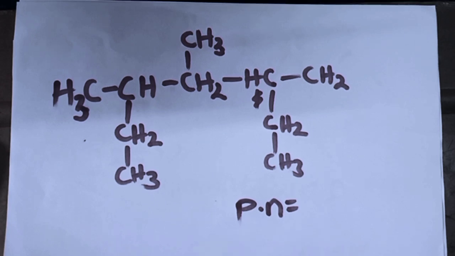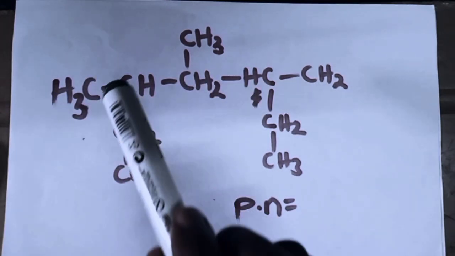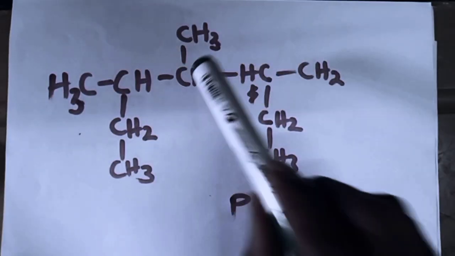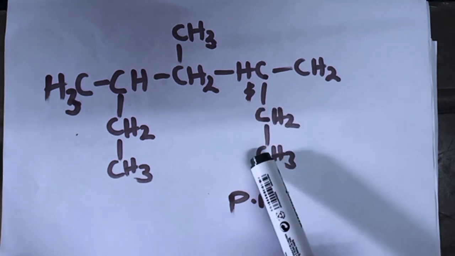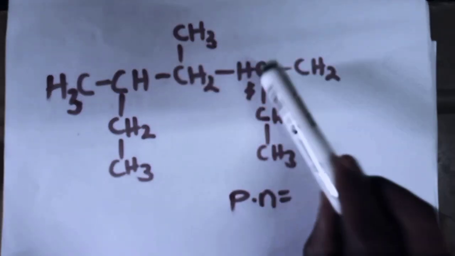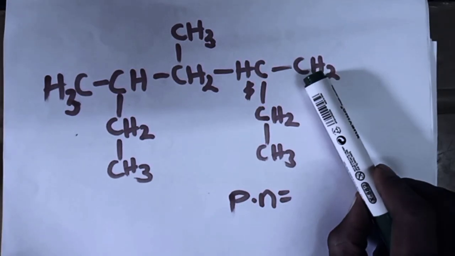So let us identify the longest chain. How do we identify? We're going to count 1, 2, 3, 4. It is not the longest chain. 1, 2, 3, 4. Not longest chain. 1, 2, 3, 4, 5, 6. Is it? 1, 2, 3, 4, 5. We have 5.